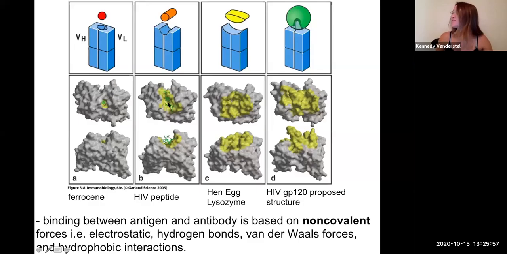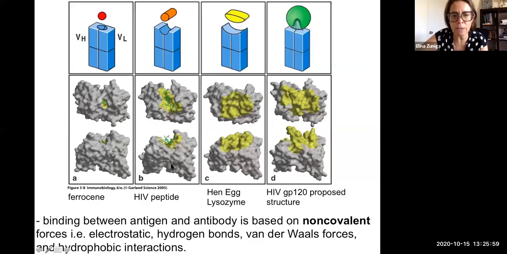Okay, so it can be recognized here, the HIV peptide, the hen egg lysozyme is another protein in the eggs, the HIV gp120 protein, and you can see here how the variable region of the heavy chain and variable region of the light chain form this antigen binding site that may be different depending on the specificity of the antibody.